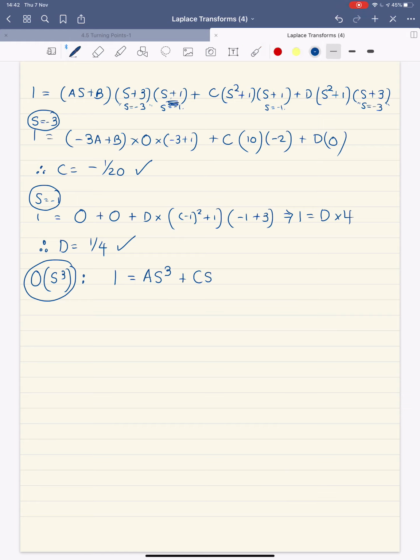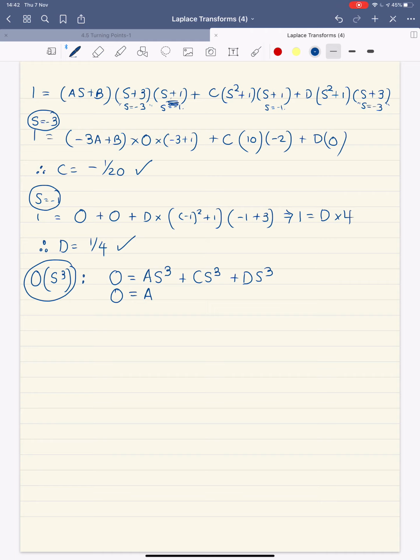Sorry, now on this left-hand side, actually, we haven't got any s cubes, because we've only got the constant 1. So it's 0. It's As cubed plus Cs cubed. And then in this last one here, we've got Ds cubed.